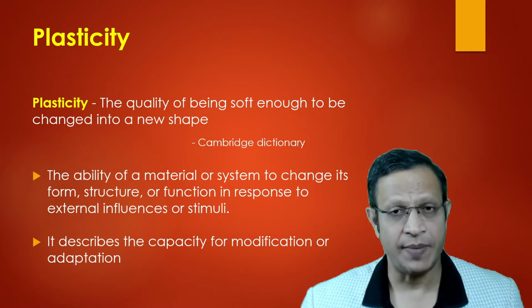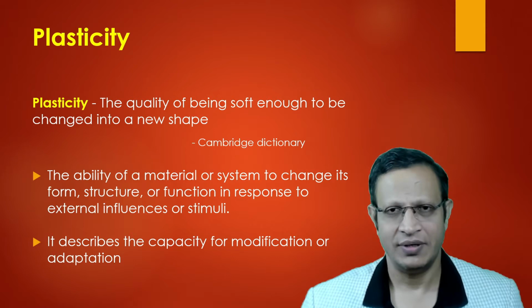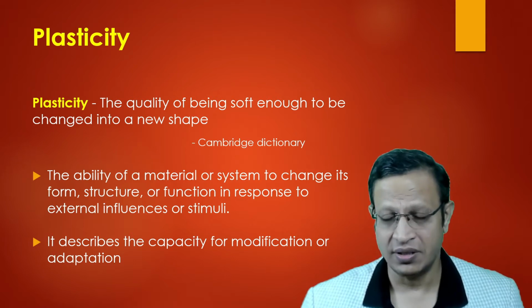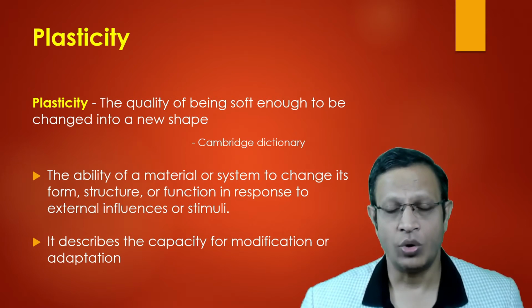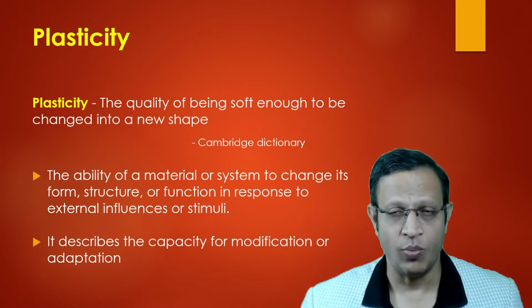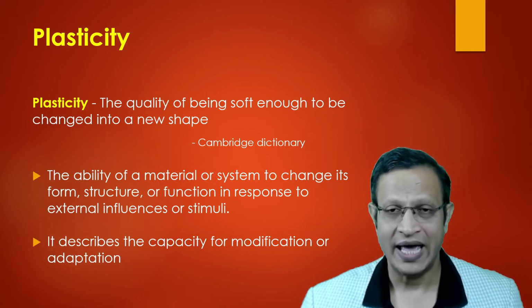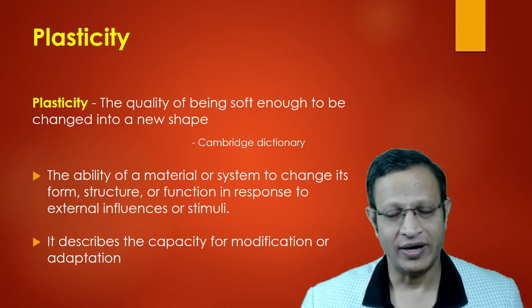It describes the capacity for modification or adaptation. That means, in simple terms, neuronal plasticity means whether the neuron has the capacity to modify or adapt to external stimuli, experiences, or any adaptation when it is required.